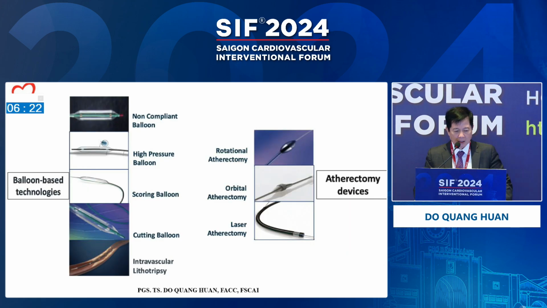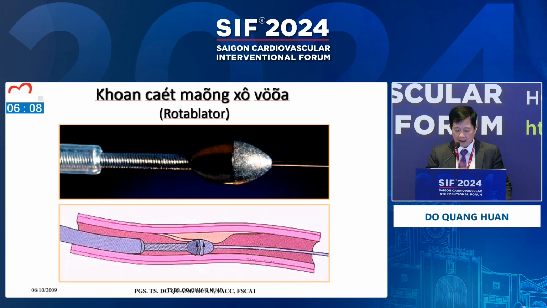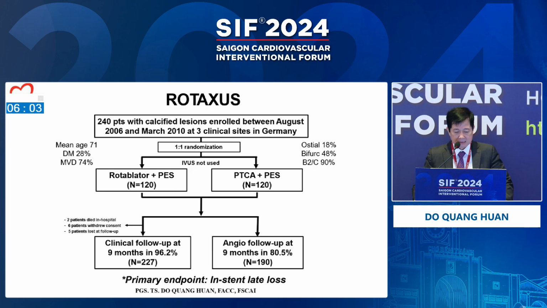We have two techniques, balloon-based technology and atherectomy devices. We can use the balloon, intravascular lithotripsy, or rotational atherectomy. For the Rotablator, the ROTAXUS study with 240 patients was divided into 2 arms: one arm Rotablator and after Rotablator put the DES, and the other arm conventional PCI.